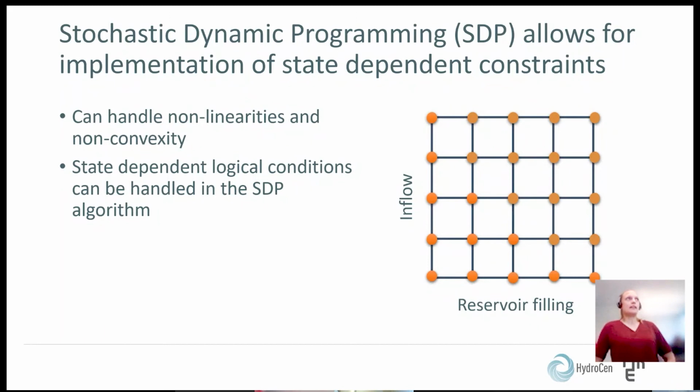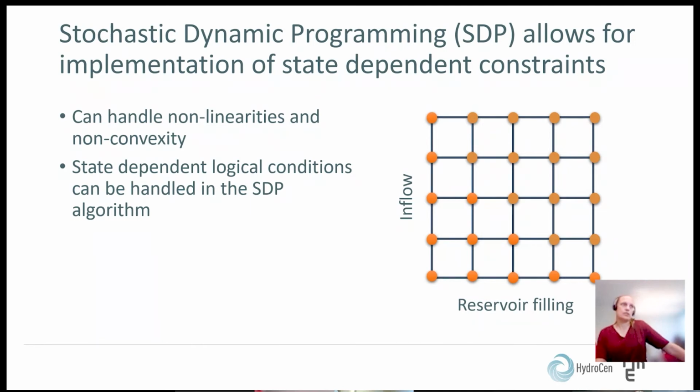Well, we talk about the state of the system, the current state. So normal would be what's the reservoir filling level? So what's the reservoir level now or in this situation? And also what's the inflow scenario?